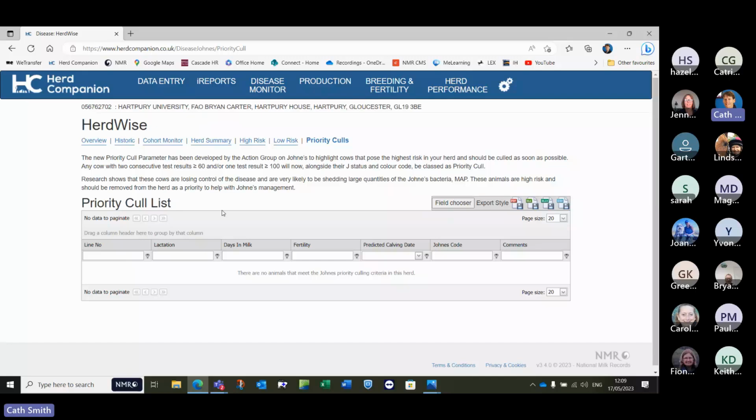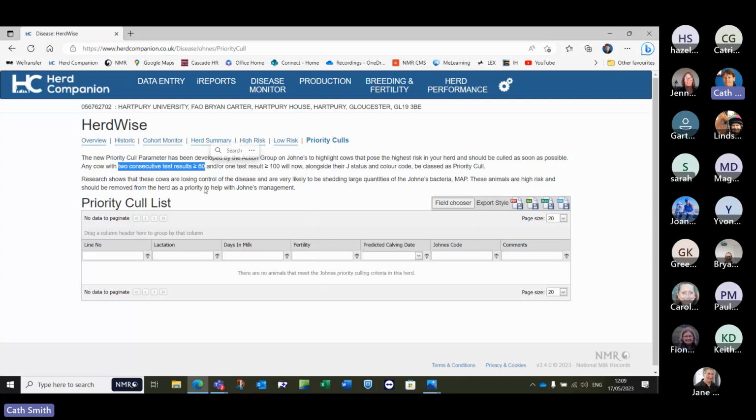So our eyes are always at the top of the list. Who are the J5s? These ones we can prioritize for a cull certainly straight away. No bother at all. The priority cull list takes it that step further to look at any cow with 2 consecutive test results over 60. So that's automatically a J5 anyway, and or 1 test result over 100.